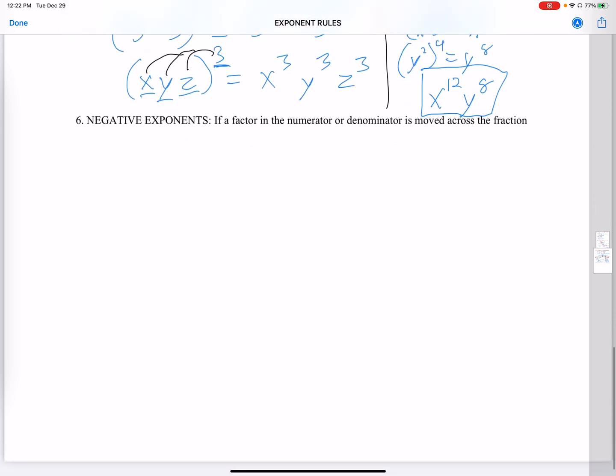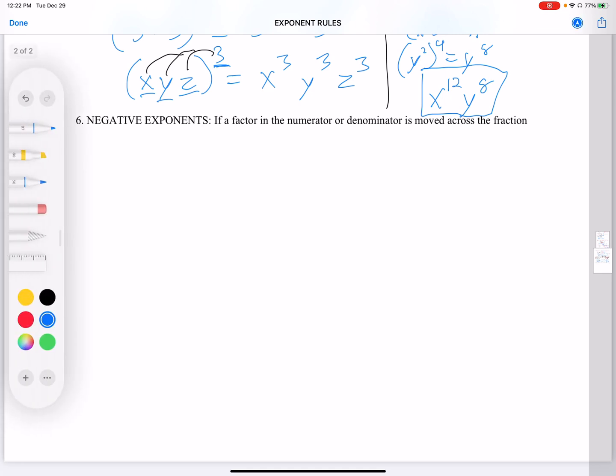And here's a very important exponent rule as well. They're all important. The negative exponents rule. What this says is, if a factor in the numerator or denominator is moved across the fraction... apparently I didn't finish writing this out.